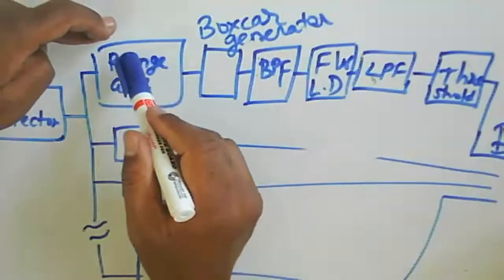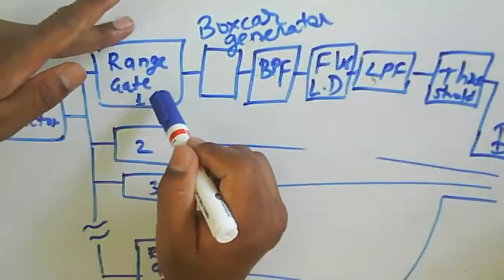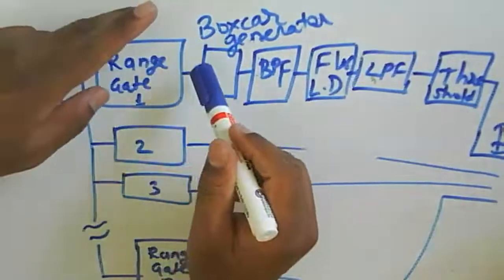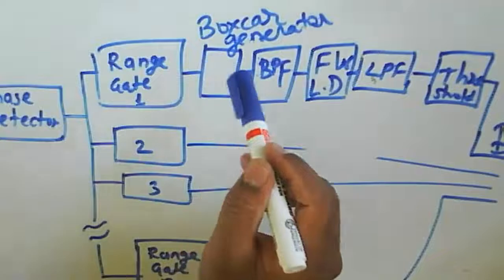After quantizing, the output from the radar range, through the intervals, is given to the boxcar generator.